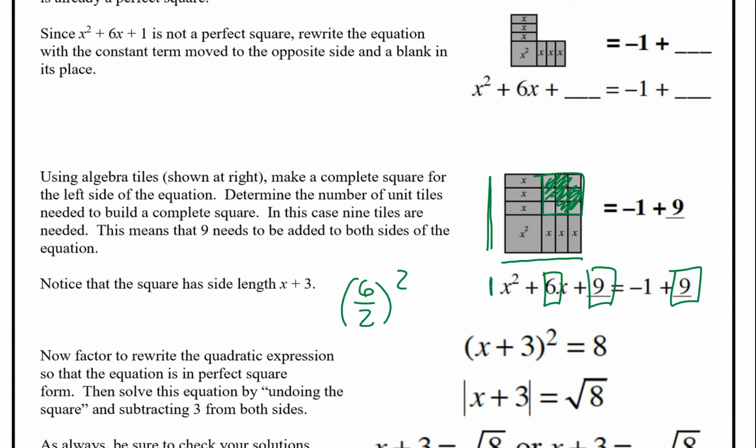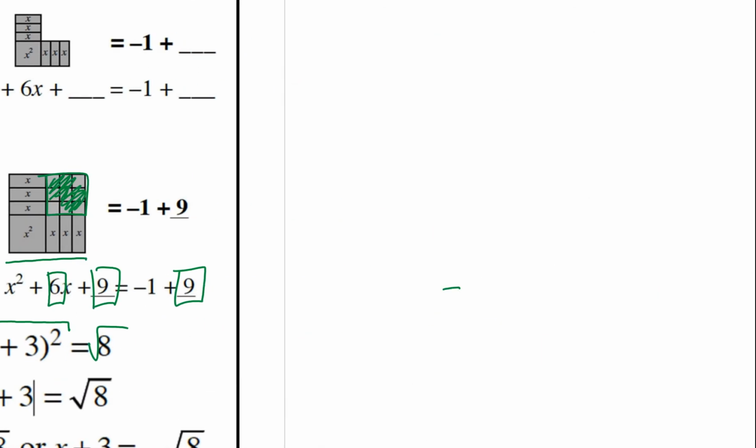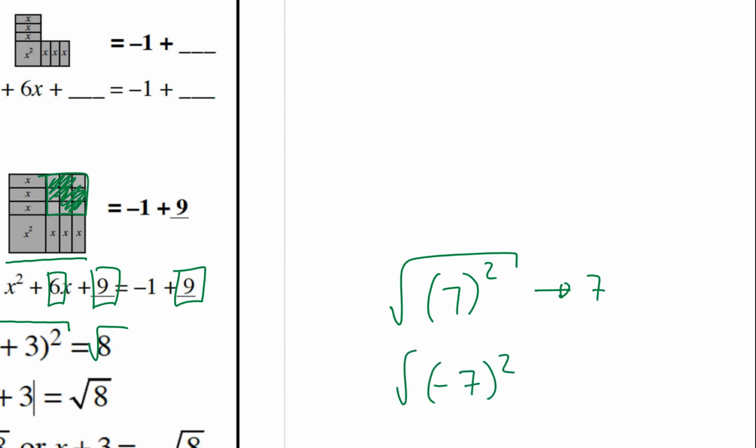And you don't see this step here, but when I take the square root of x plus 3 quantity squared, that's exactly the same thing as the absolute value function, right? If you take any number, and I don't care what the number is, if you take 7 and you square that and then you take the square root of that, you're going to get 7. And if you take negative 7 and you square that and then you take the square root of that, you're also going to get positive 7.